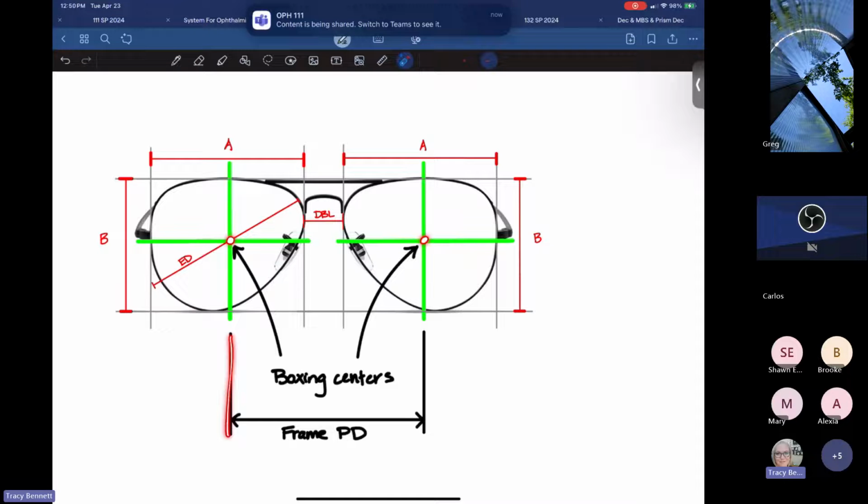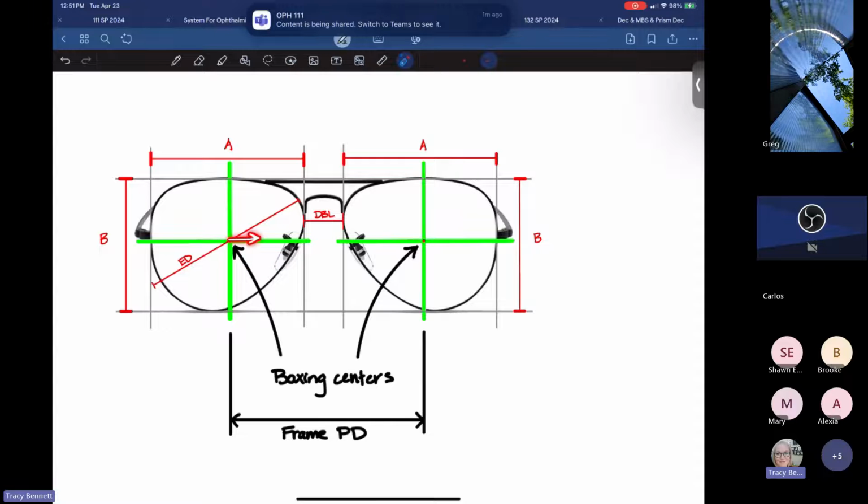Whatever the frame PD measures, that is where we would be when we start out with decentration before we do any decentration. Then you have the patient's eye at some point in the frame, and you need to move the lens major reference point from the boxing center to the patient's eye. This horizontal movement here is considered that decentration amount.